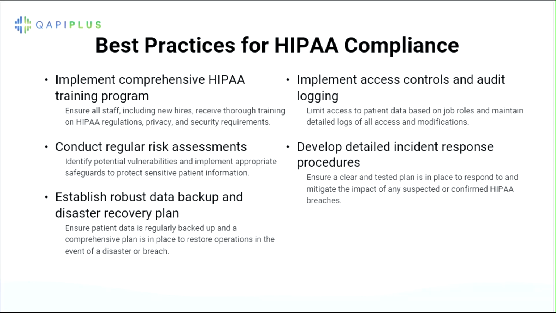Making sure that you do have an assessment, right? What are those regular risk assessments that are taking place in an organization? Who's responsible for those? How are you doing? What are your benchmarks? What are your opportunities for improvement? You want to make sure that, based on those audits, you have access controls and audit logging. So again, this is more of that IT and safety officer sort of evaluation.